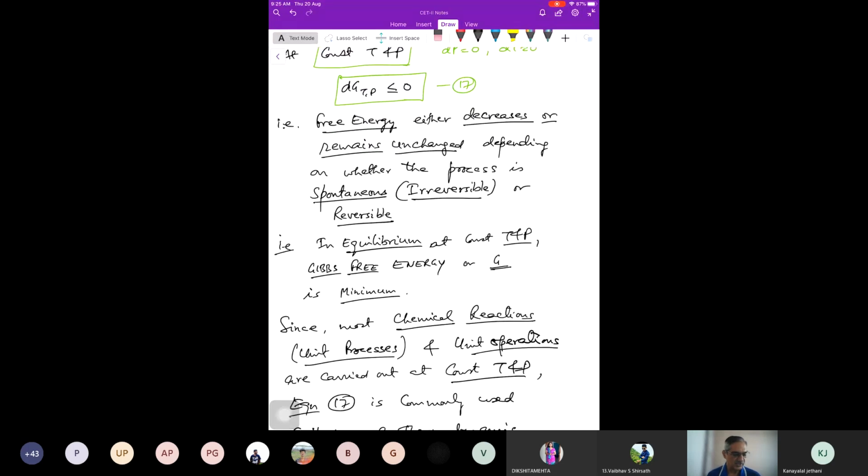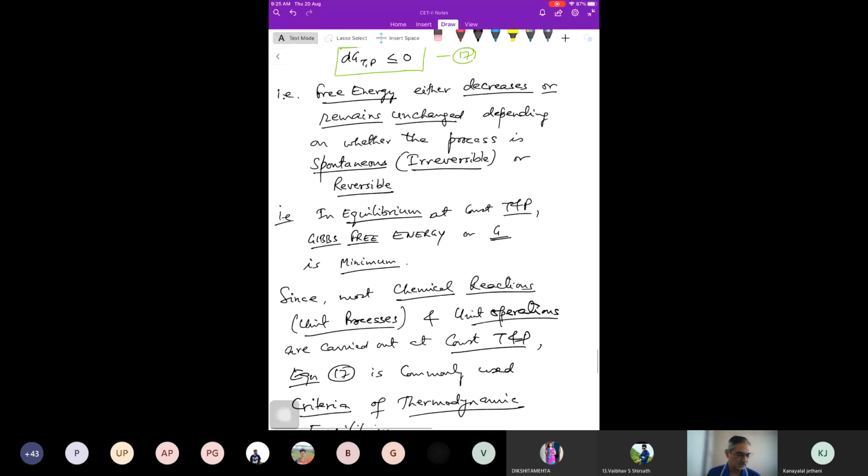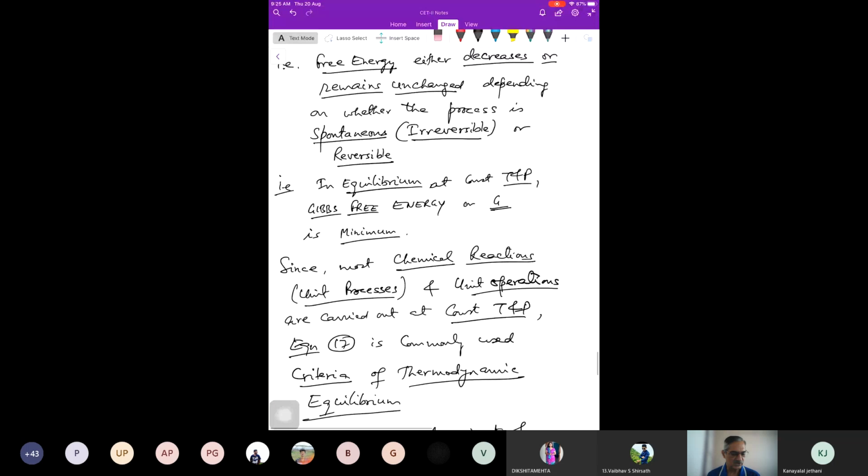So since most reactions, unit processes and unit operations are carried out at constant temperature and pressure, equation 70 is commonly used as the criterion of thermodynamic equilibrium for phase equilibrium as well as reactions.